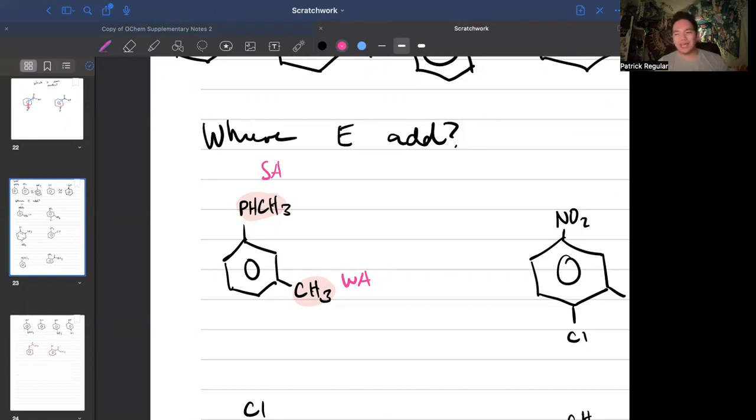The strongest activator is higher on the list, so it's going to have more pull in directing. So you have your ortho groups and your para groups. However, something I do want to note, this is sterically hindered. You cannot go there. That hydrogen will not be pulled off. So your two options are going to be right here.